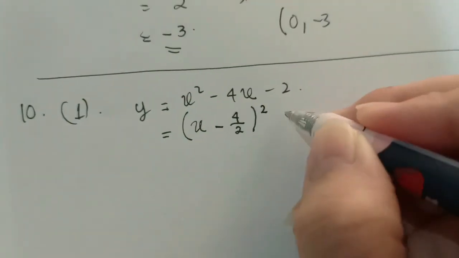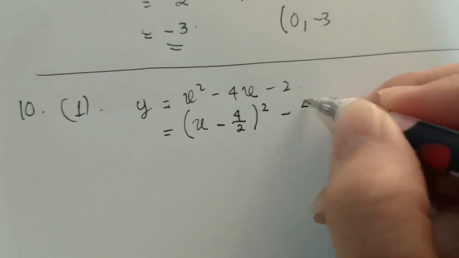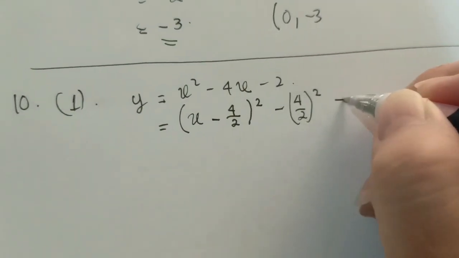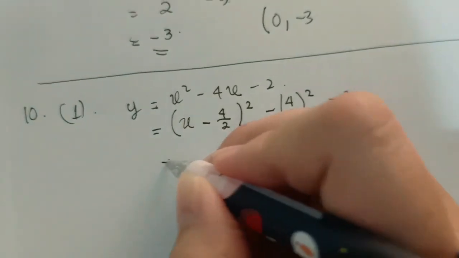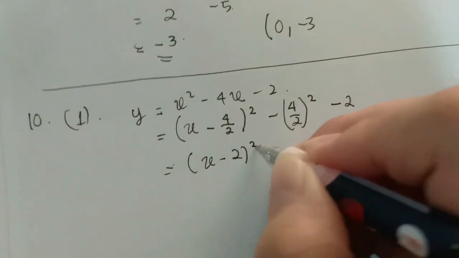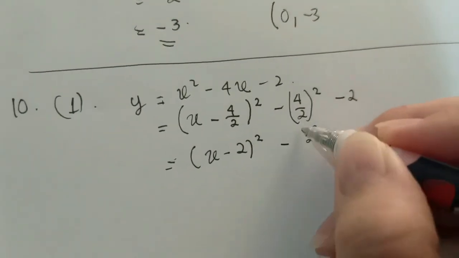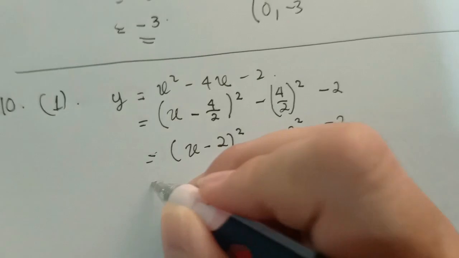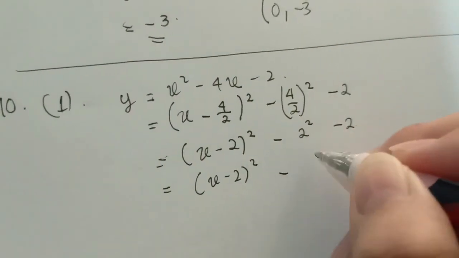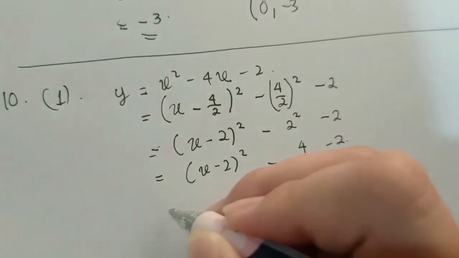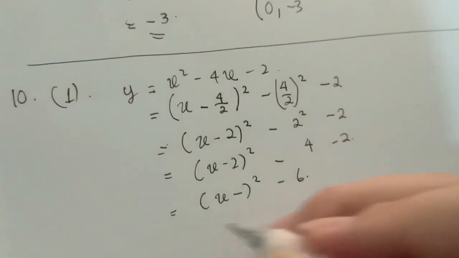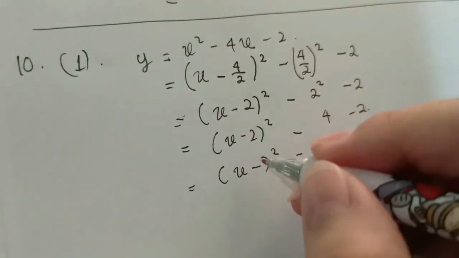We replace it with here, (-4/2)², minus 2. Simplify this one. (x - 2)² - 2², minus 2. In the bracket (x - 2)² - 4 - 2. (x - 2)² - 6.